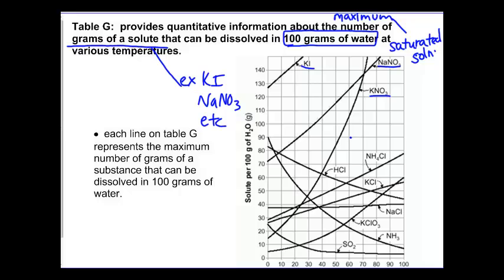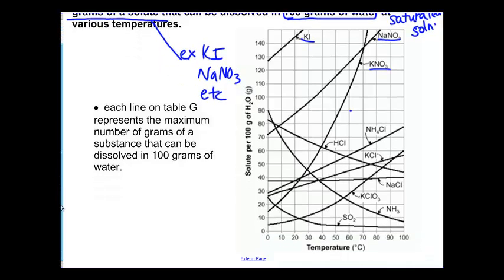SOLN is the abbreviation for solution, okay? So each line on this table represents the maximum number of grams that can be dissolved in 100 grams of water at a bunch of different temperatures, right? From 0 degrees Celsius to 100 degrees Celsius, okay?